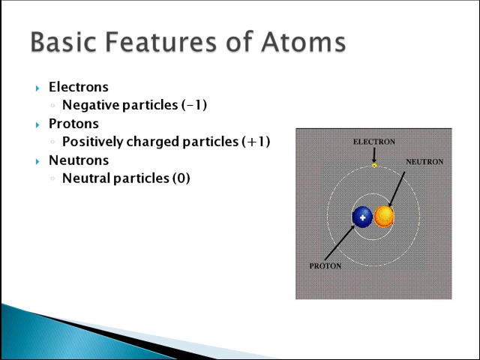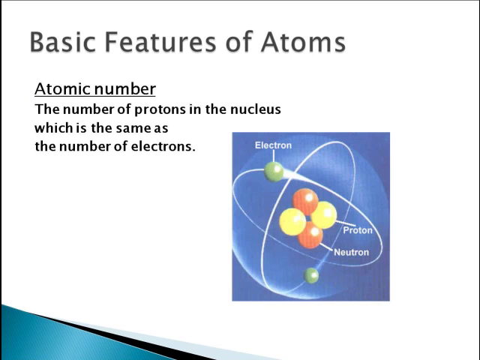It basically orbits the nucleus. And then there's the neutron. It has a charge of 0. It is in the nucleus, and it should be easy to remember because neutron sounds like neutral, and neutral means there is no charge.